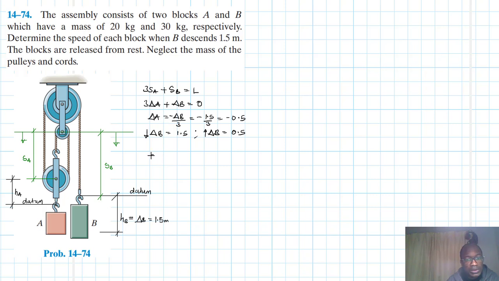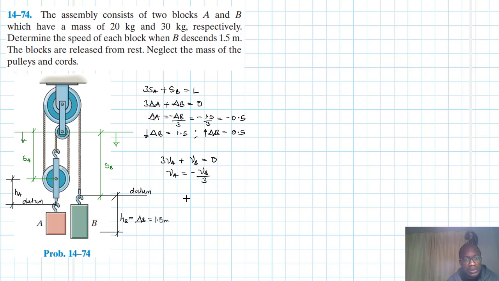And then about the velocity, we know that 3VA plus VB, this is velocity, so 3VA plus VB is just equal to 0, right? So we know how they are related. So VA is just equal to minus VB divided by 3.